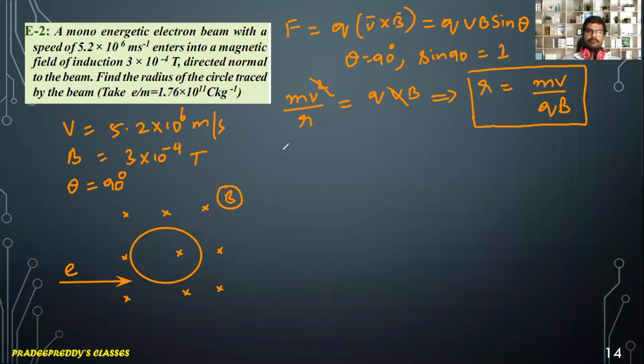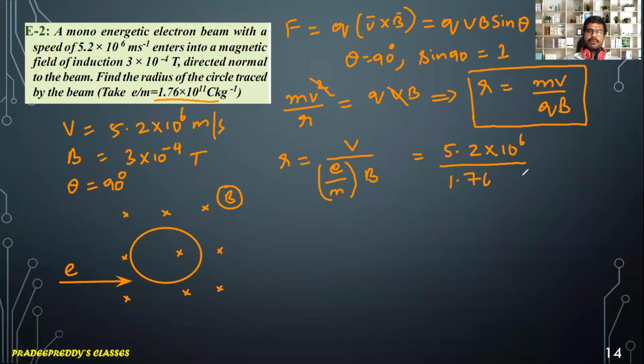Substitute all the values here. r will be equal to m, the mass of the electron. I'll just write it as v divided by q over m, because the e by m ratio is given in the problem, and it is B. Velocity of the charged particle is 5.2 into 10 power 6, divided by the e by m ratio, which is 1.76 into 10 power 11, and magnetic field B is 3 into 10 power minus 4 Tesla.